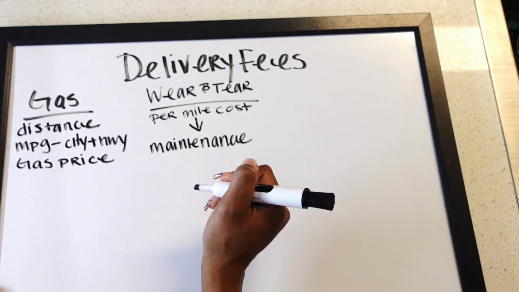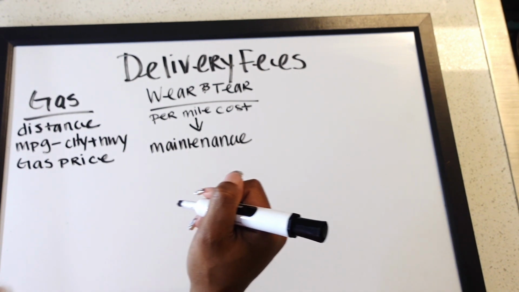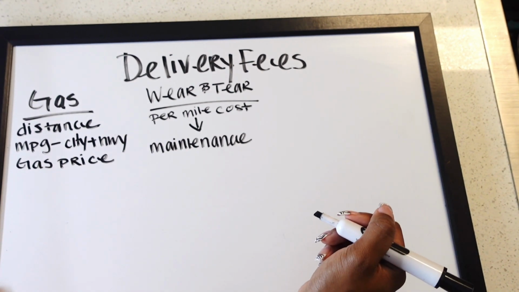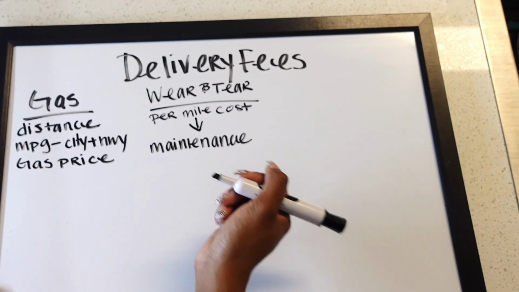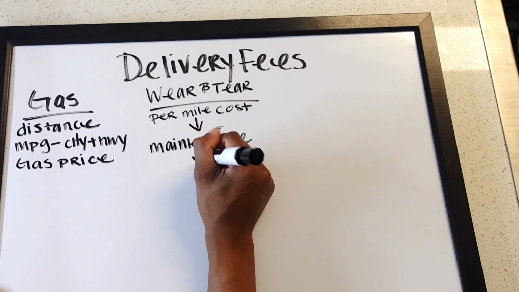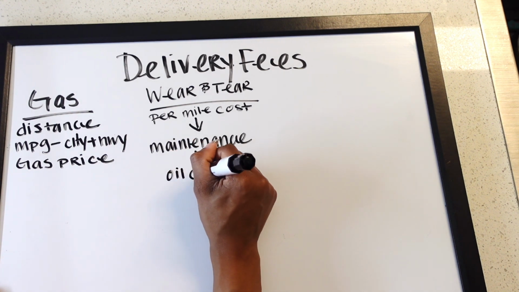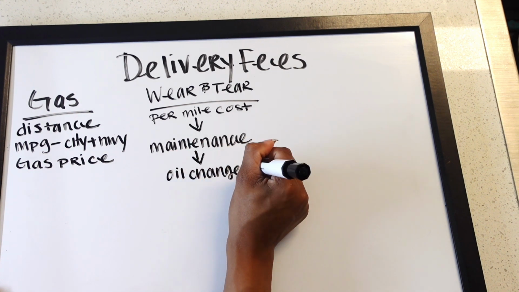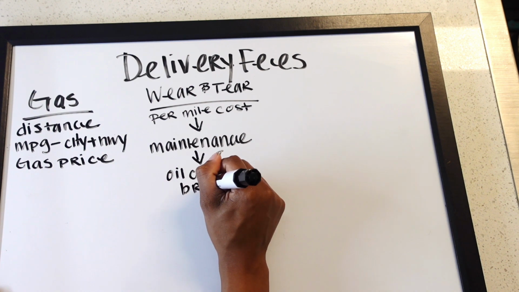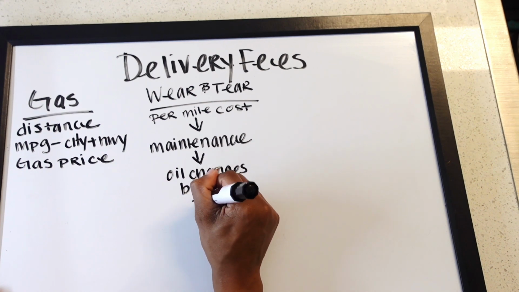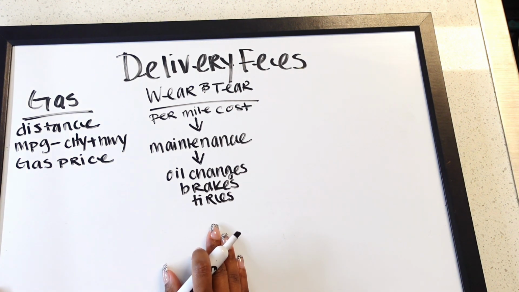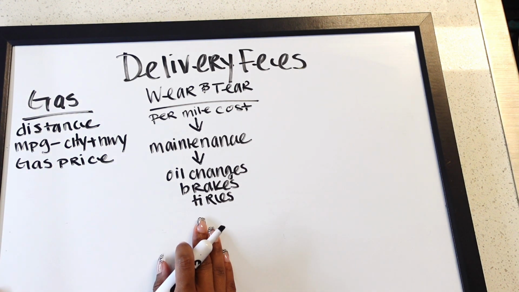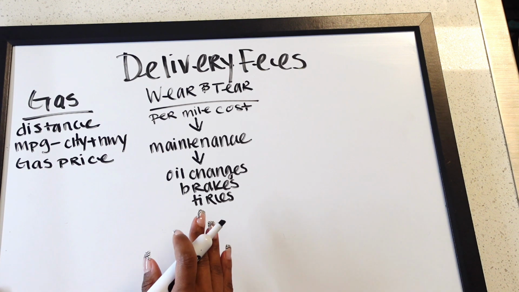Because we're not trying to be at the shop spending a whole bunch of money because we've been doing all these deliveries and we are not properly compensating ourselves for that. So this maintenance will cover oil changes, brakes, things like tires, any repairs that your vehicle needs. Calculating this per mile cost will cover those expenses.